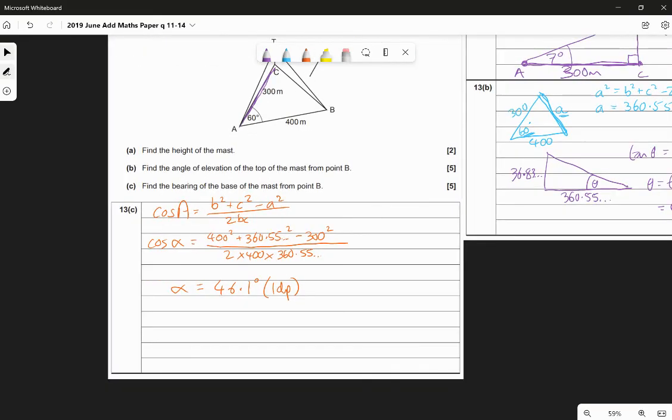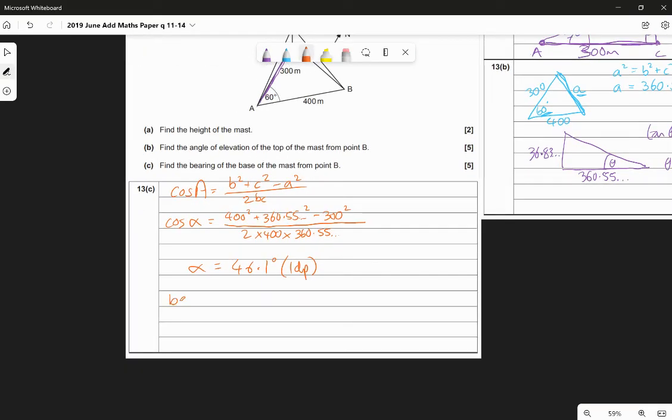So the bearing is 60 plus 180 plus alpha. So that is 286.1 degrees, but the bearing is usually given to three digits rather than with decimal places, so 286 degrees to the nearest whole.